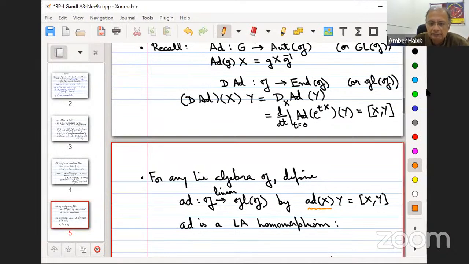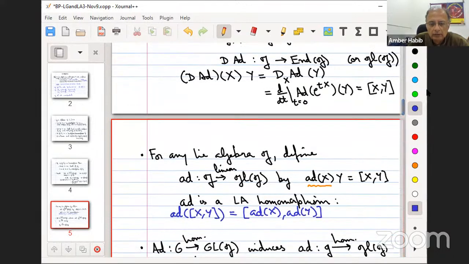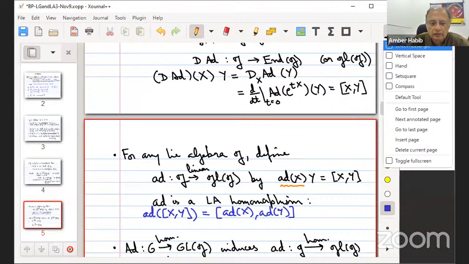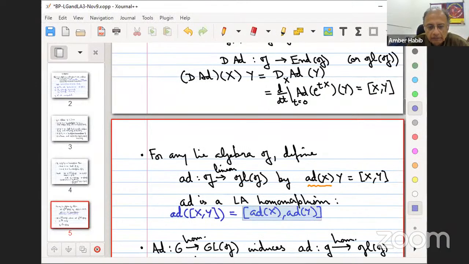That means I need to check that ad of xy, which is going to be a linear map, needs to be the bracket of ad x, ad y. So I have to apply both sides to some z and see if these two linear maps are the same. Let me create some space so I can do that.